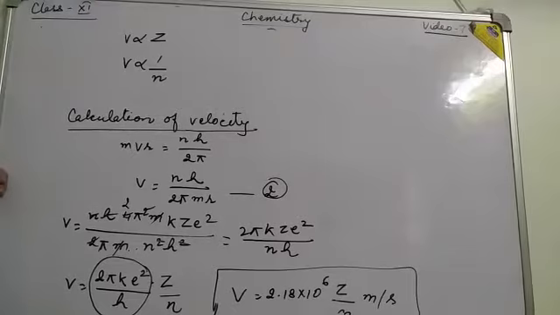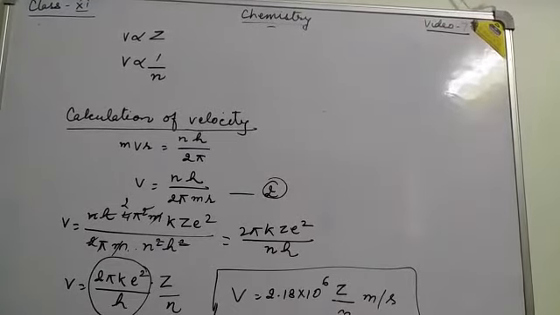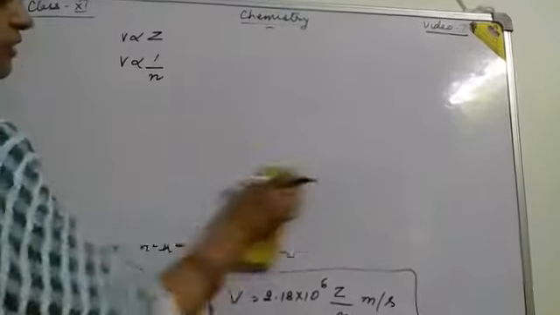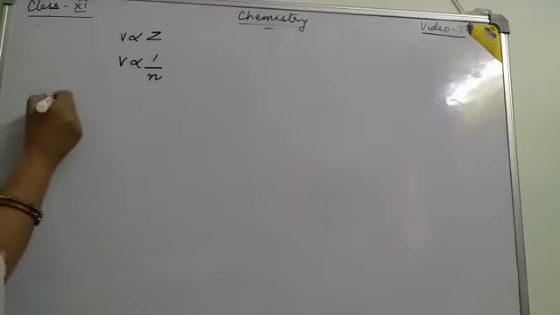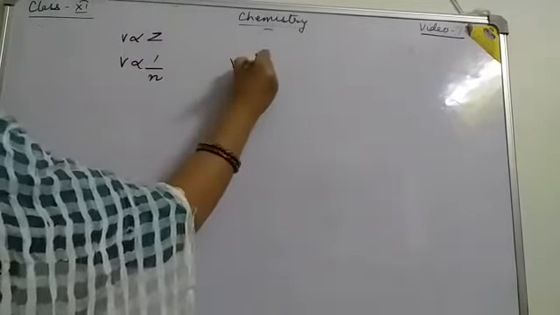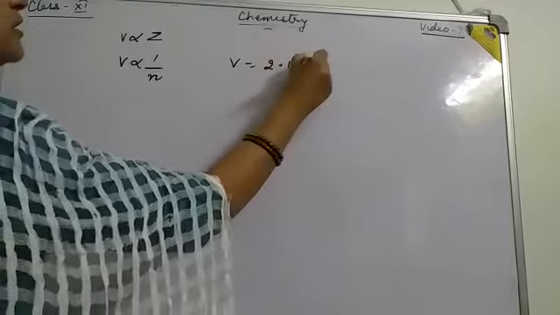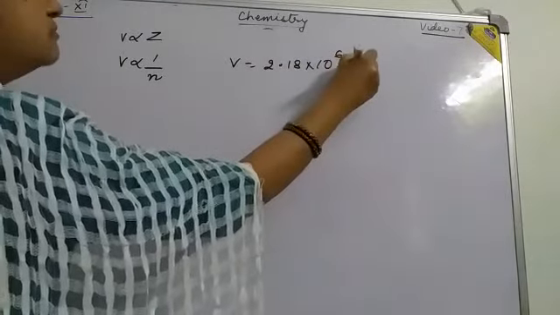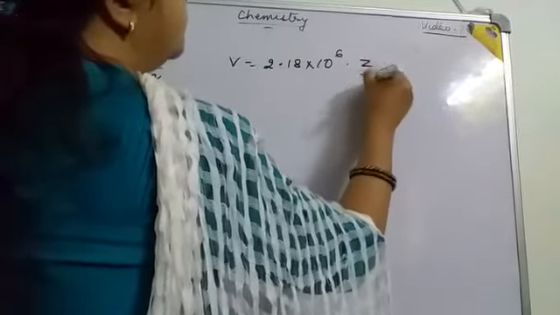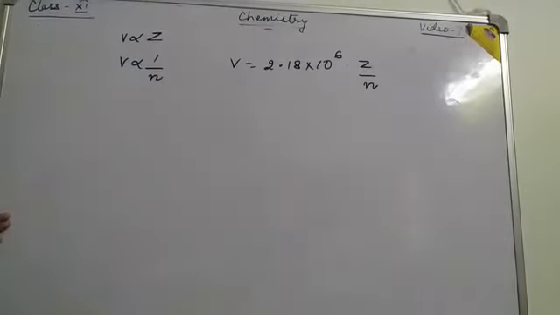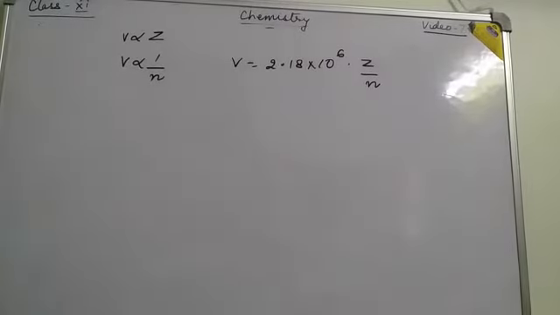By considering this, we can calculate the velocity of an electron in different orbits, like v equal to 2.18 into 10 to the power of 6 into z upon n.